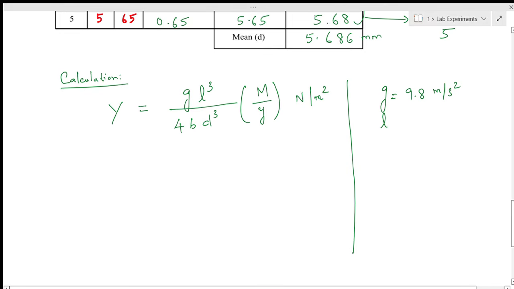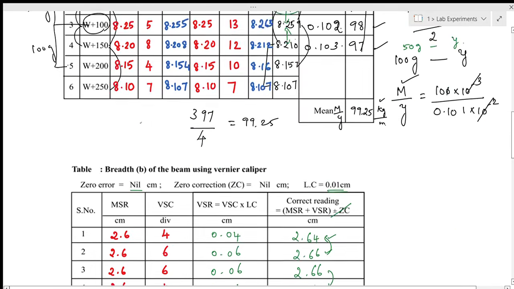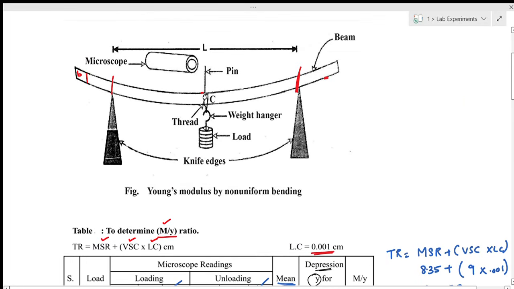Then L is the distance between two knife edges. While performing the experiment, a wooden meter scale will be provided. This is 0 centimeter. Let us take it is 20 centimeter, and the pin is kept at 50 centimeter, and this is 80 centimeter, and it is 100 centimeter. That is why it is a meter scale, 1 meter scale, 100 centimeter.